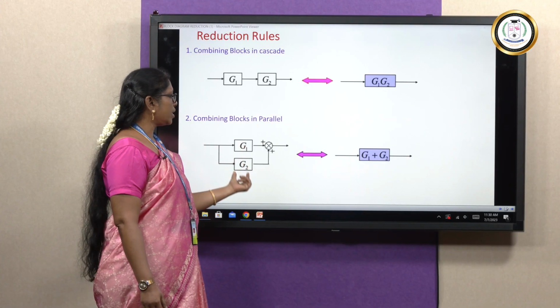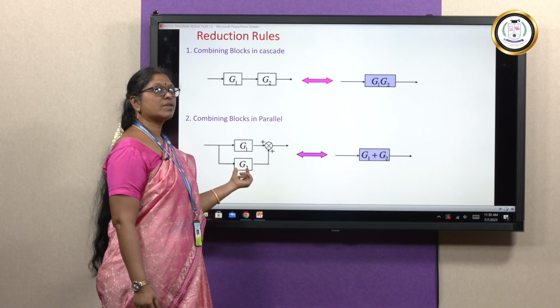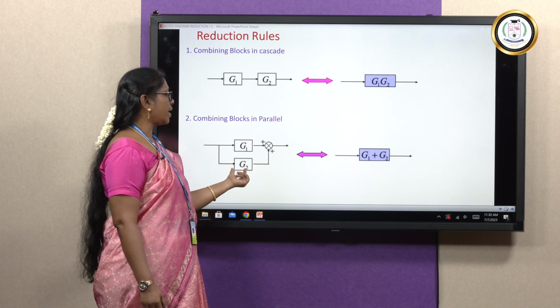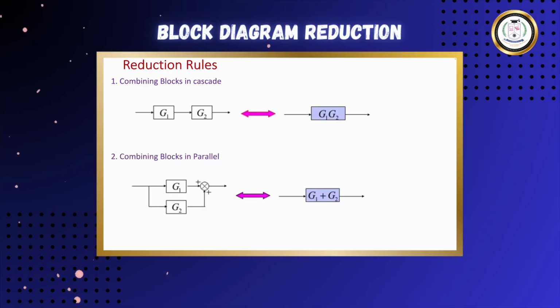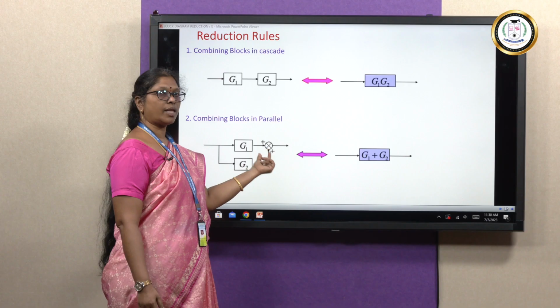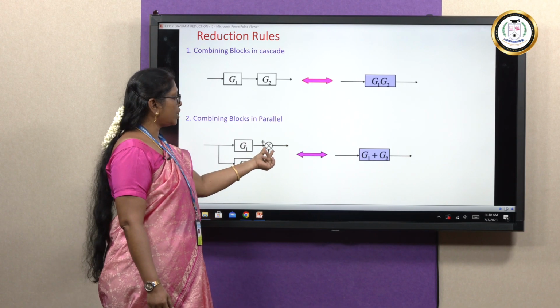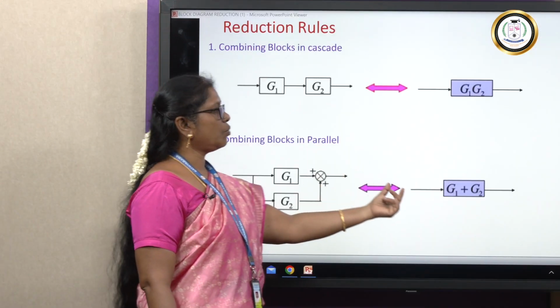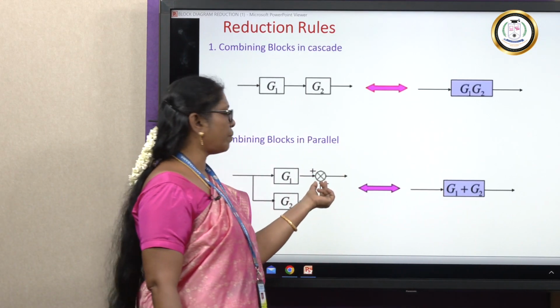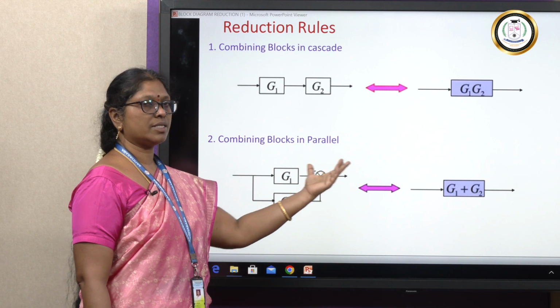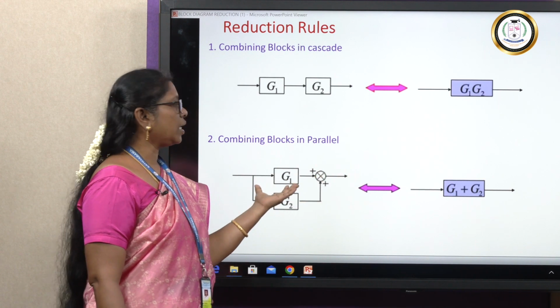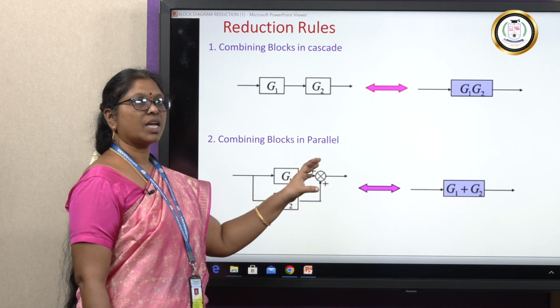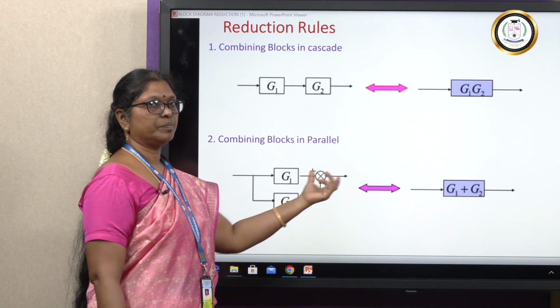These can be represented as blocks in parallel. In that case, we simply add, taking care of the symbol at the summing point. Here both are plus, so G1 plus G2. If it is minus, then G1 minus G2. So, combining blocks in parallel, we simply add the blocks.